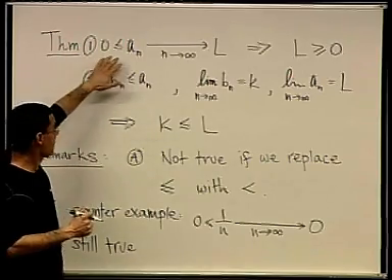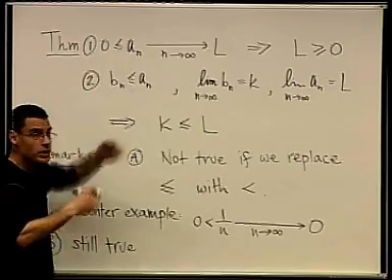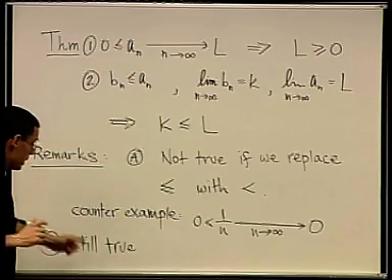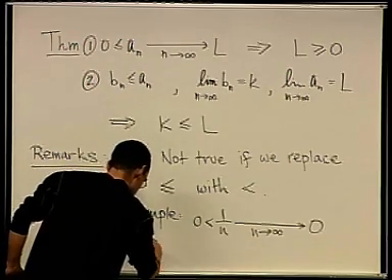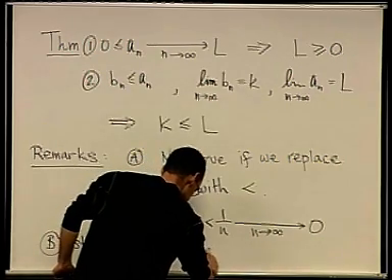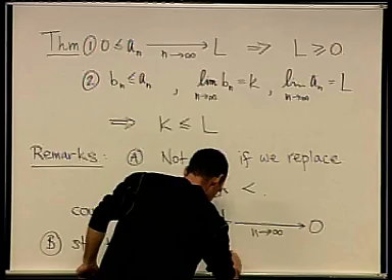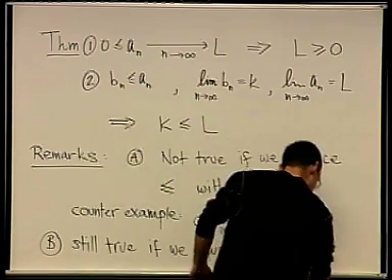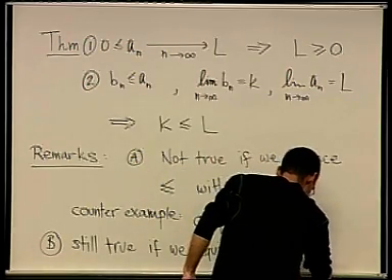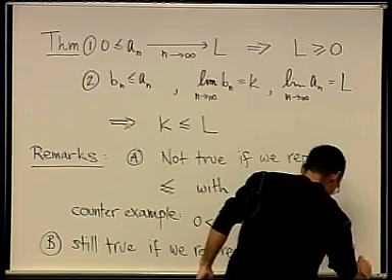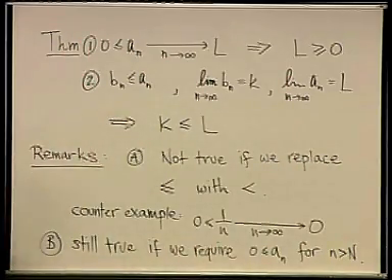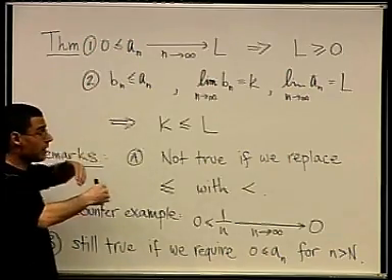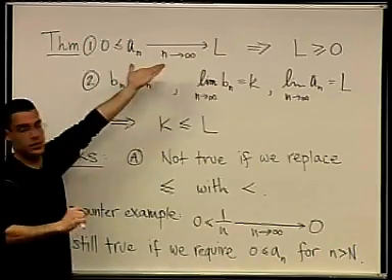So what I mean is, I can require this to hold only from a certain n and onwards. We said that in the previous hour. So they're still true if we require, for example, a_n greater than or equal to 0, not for any n, but for n greater than some N. So if the first 17,000 elements are negative, but starting from there, everybody's non-negative, this statement is still going to be true.